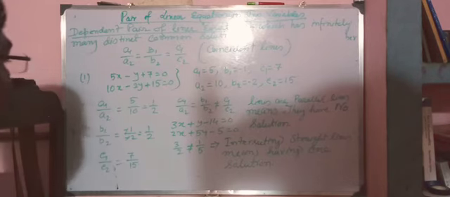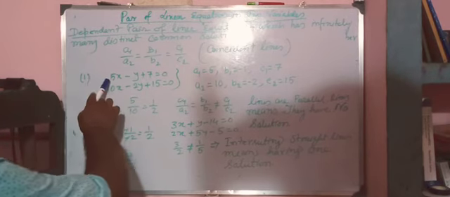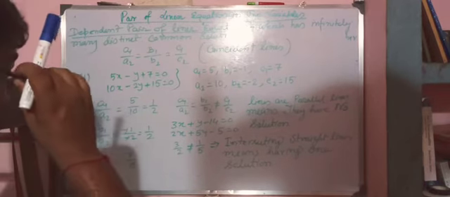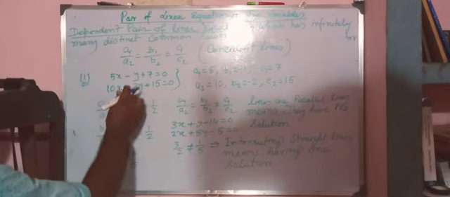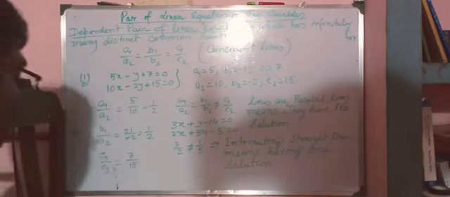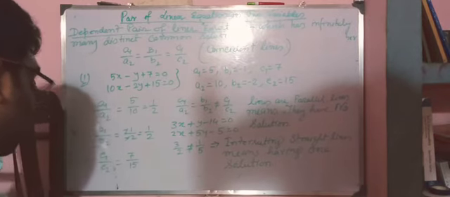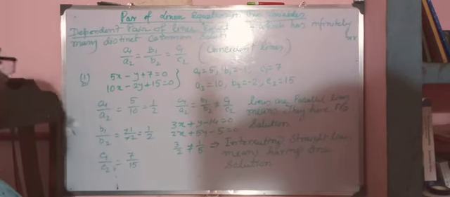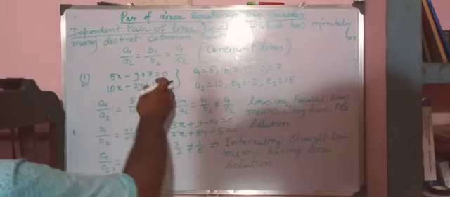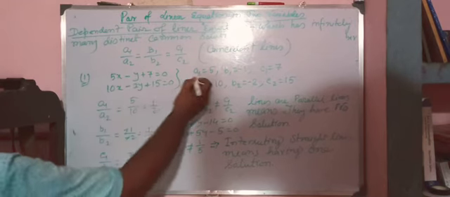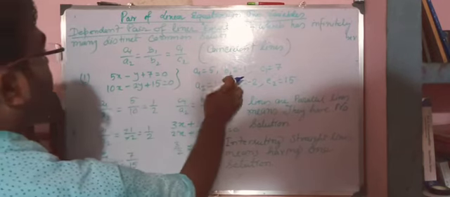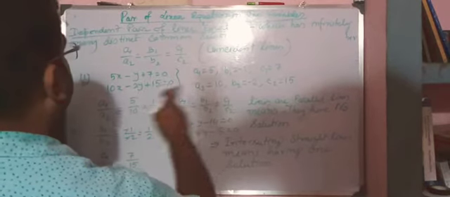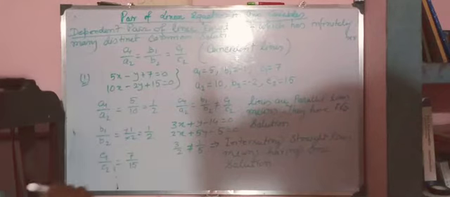Here I have taken one pair of linear equations, and we have to check whether this pair is parallel, that means no solution, or coincident, that means infinitely many solutions. For that, A1 is equal to 5, B1 is equal to -1, C1 is equal to 7, A2 is equal to 10, B2 is equal to -2, and C2 is equal to 15.